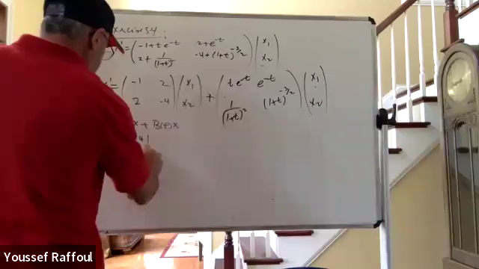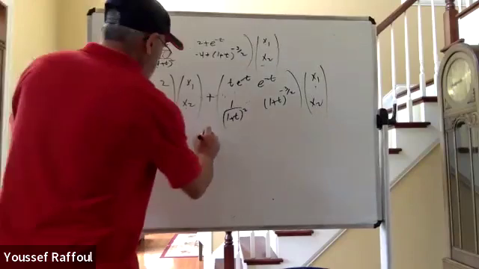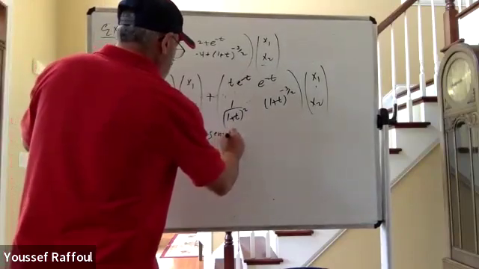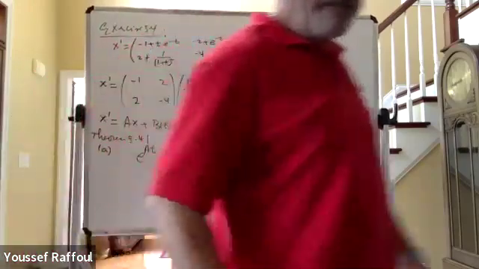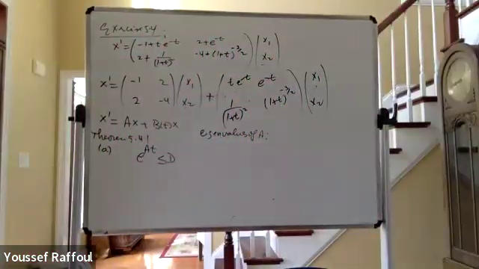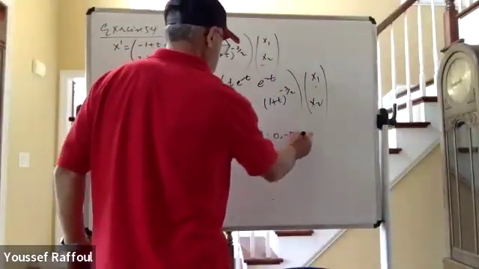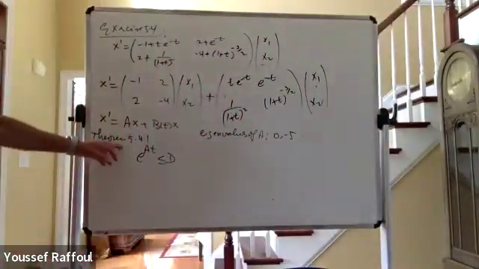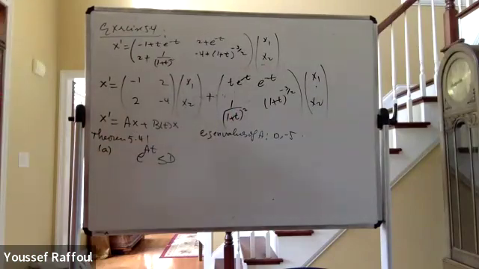So we have the norm of e to the At is less or equal to D. Why? Because the eigenvalues of A are, I did this morning, 0 and minus 5. So that means by theorem 5.14a, e to the At is less or equal to D.